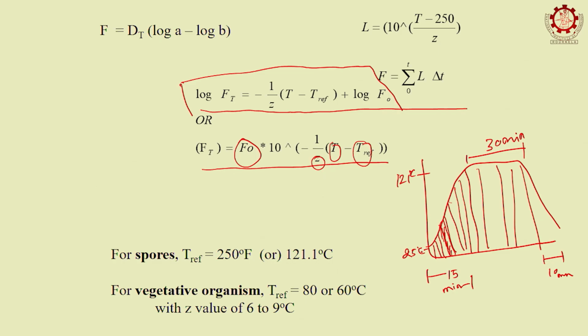The bacteria may not have any death happening there. Whereas when I am approaching close to 100 Celsius, it's going to have some lethal effect. So there's going to be some death happening. So I can consider that death. And then when I reach my target temperature, for sure the bacteria is going to die, and I can calculate that. And then when it's going through the cooling section, there's going to be some death happening as well.